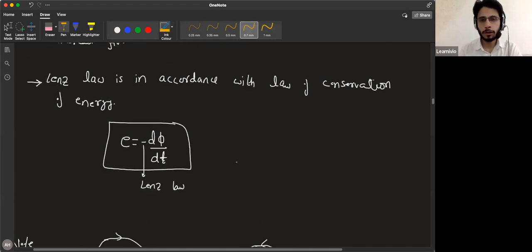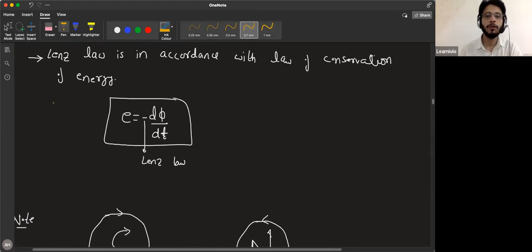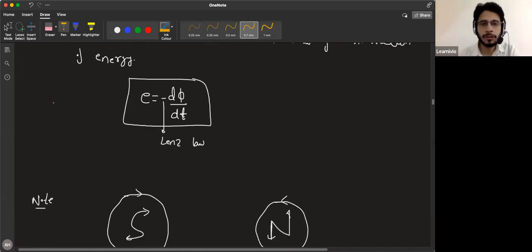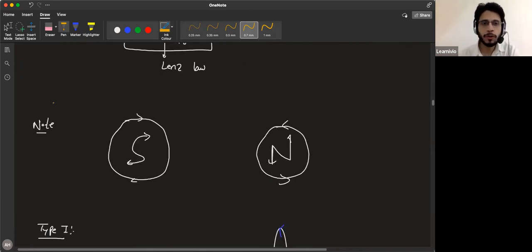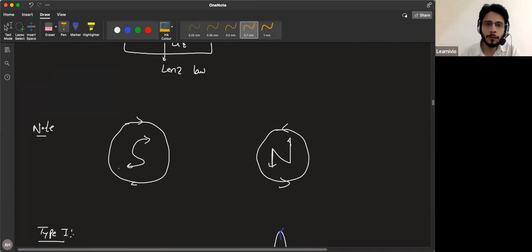So Lenz's law is this. Now, to solve questions of Lenz's law, you should know some right-hand rules that we did in the last chapter of magnetics. So let's discuss those rules. If the current in the coil is clockwise, that means the top face of the coil will behave like the south pole of the magnet.